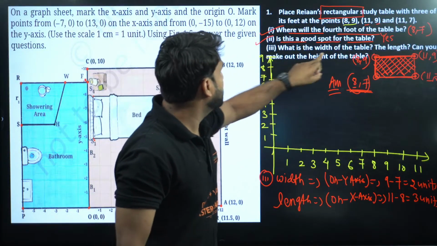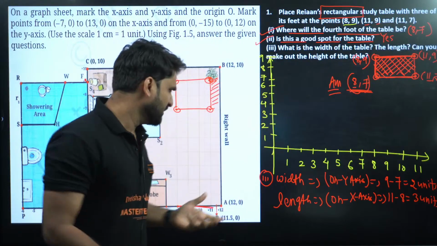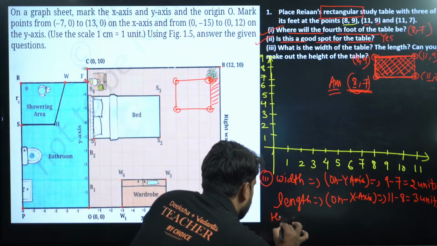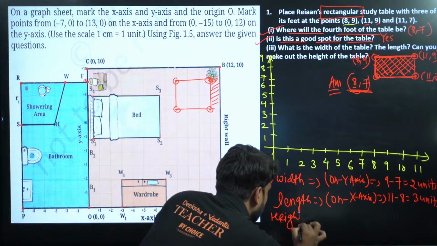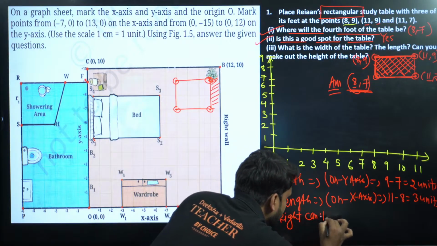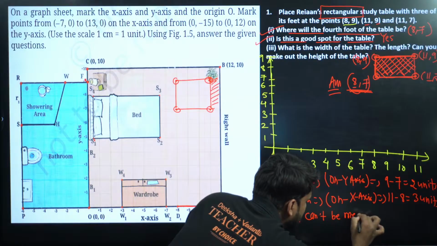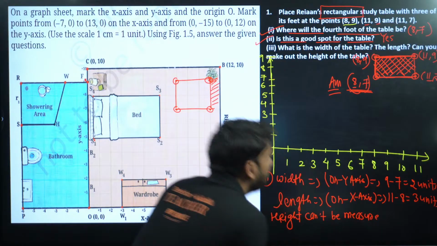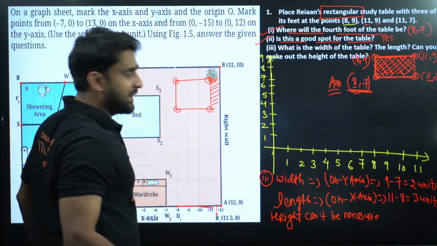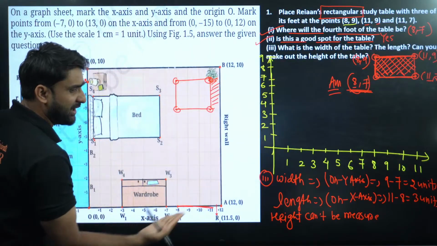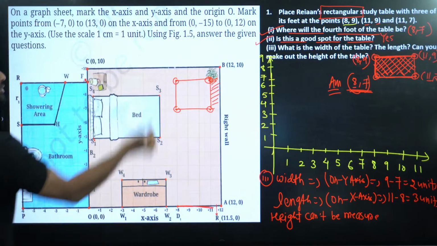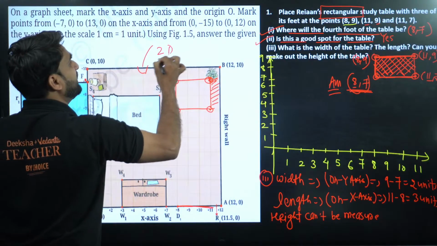Can you make out the height of the table? No, we cannot. Height can't be measured. Why can't height be measured? Because this structure is 2D. We are talking about only the x-axis and y-axis, so the entire structure is a 2D plane.